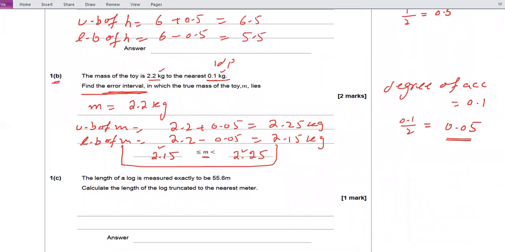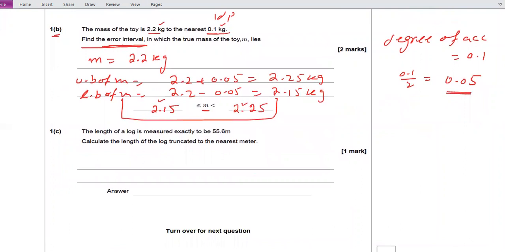Now next is the length of a log. Log, a very old wood piece, is called log. It is measured exactly 55.6 meter. Calculate the length of the log truncated to the nearest meter. Whenever degree of accuracy is given, it means you have to find the upper bound and lower bound.